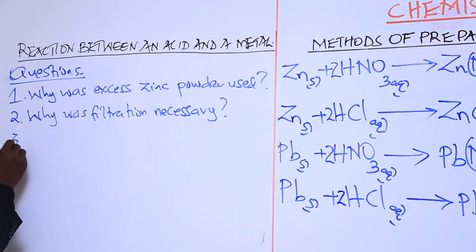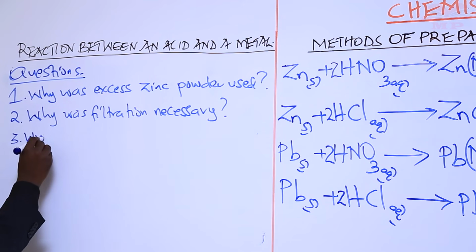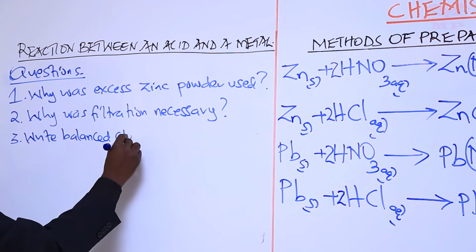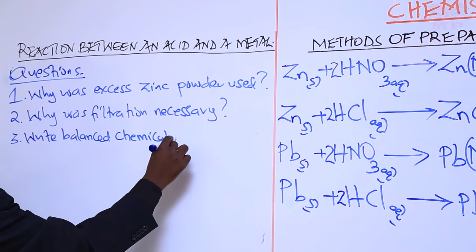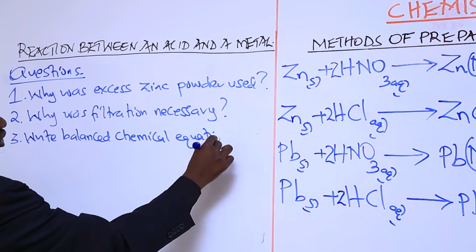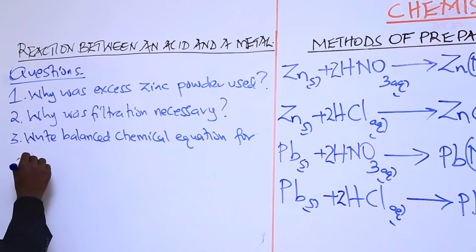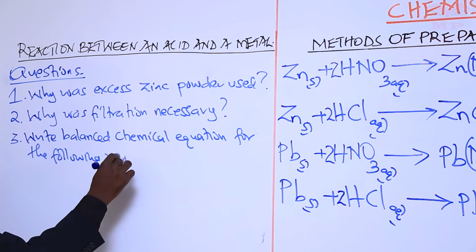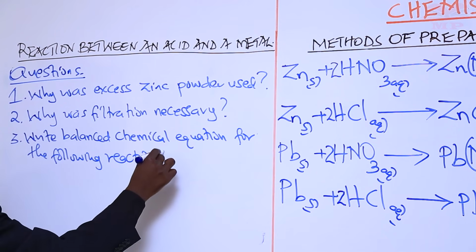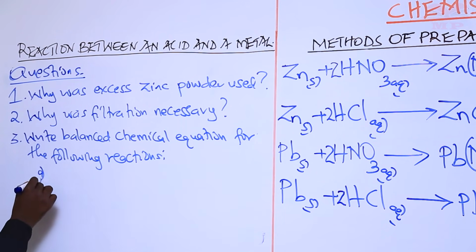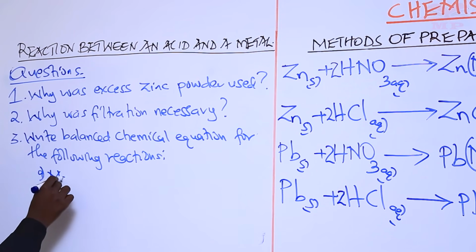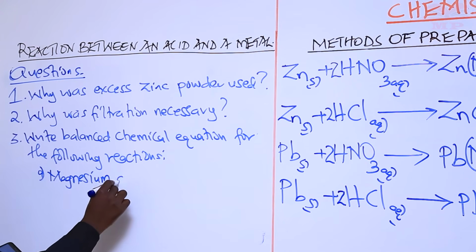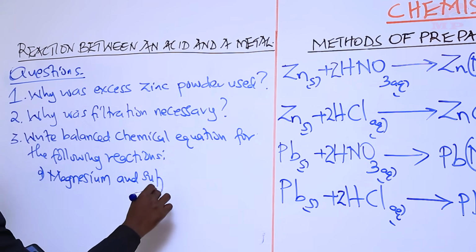And then our last question is, write balanced chemical equations for the following reactions. For the following reactions, try this. The first reaction is between magnesium and sulfuric acid.